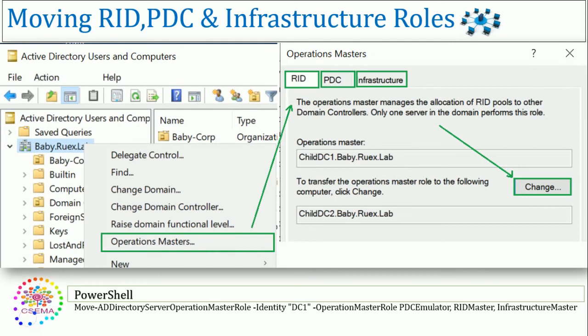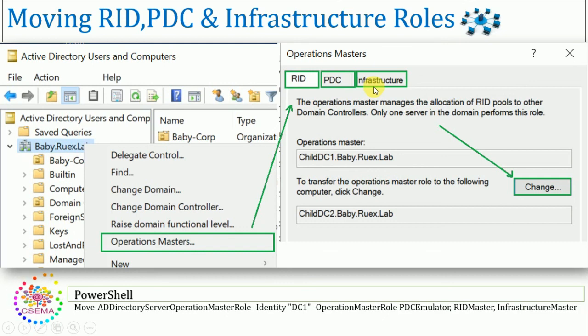To see where these roles currently reside, go to Server Manager again, click on Tools, then select Active Directory Users and Computers. Then this will come up. Expand and right click on the domain, baby.rulex is the domain, then select Operations Masters. Then you will have all these RID master, PDC master, and infrastructure master role owners.